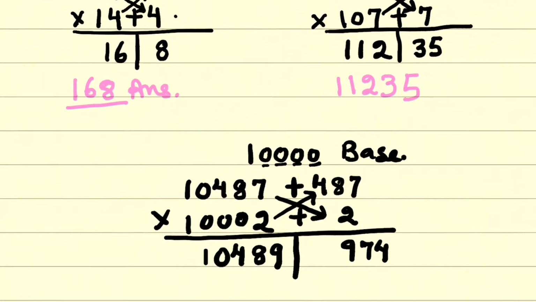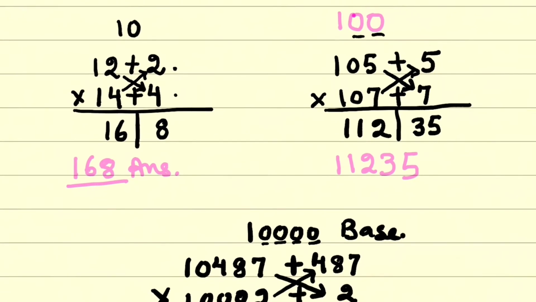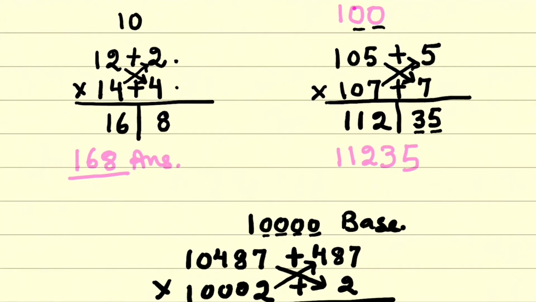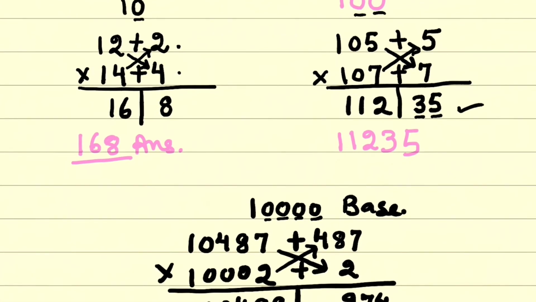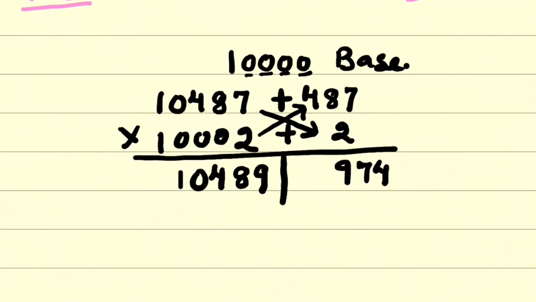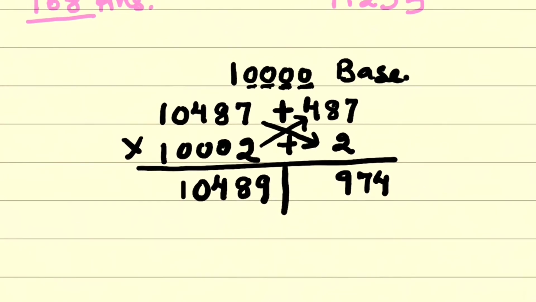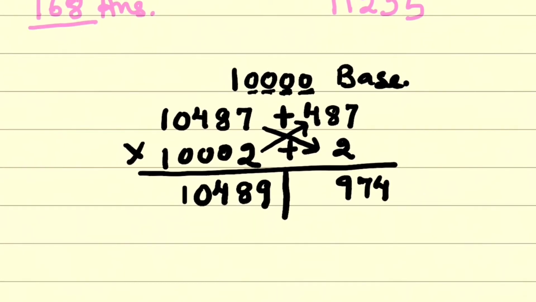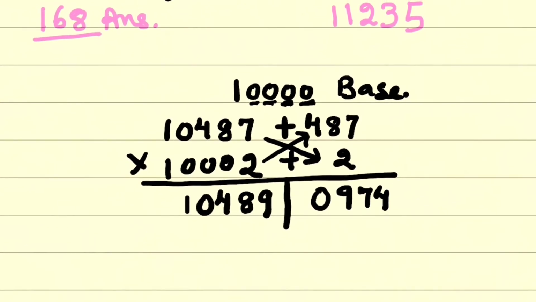But let me tell you, the number of digits on the right side should always be equal to the number of zeros in the base. Here we had 2 zeros in the base and we had 2 digits, so it was okay. Here we have 1 zero in the base and 1 digit, so this was okay. But here we have 4 zeros in the base but only 3 digits here, so we add 1 zero over here.